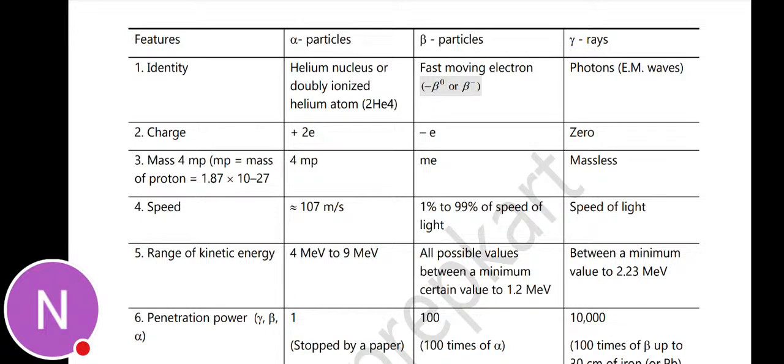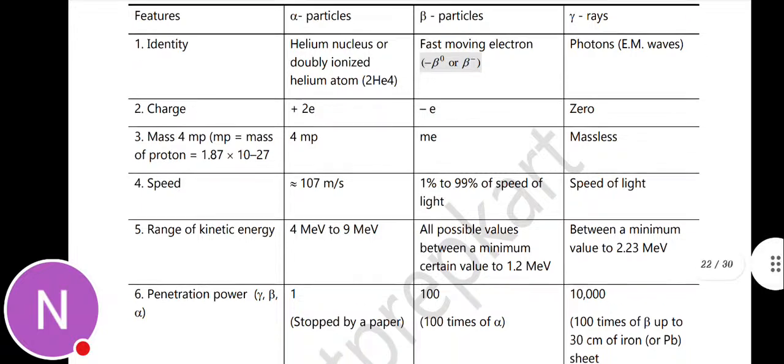Mass is 4 mp for alpha particles, me for beta particles, and gamma is massless. Speed is about 10^7 meters per second for alpha particles, 1% to 99% of the speed of light for beta particles, and the speed of light for gamma.